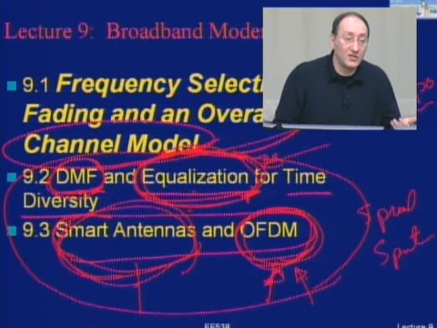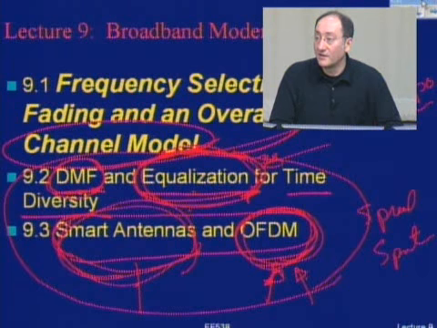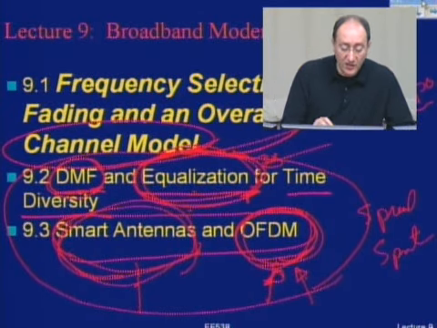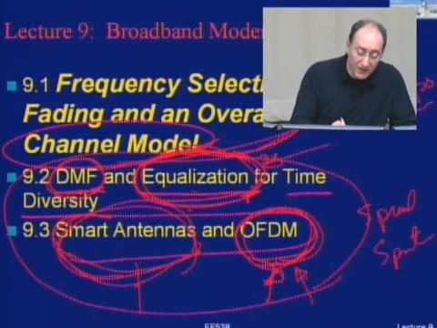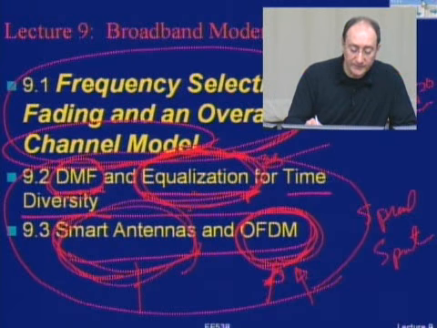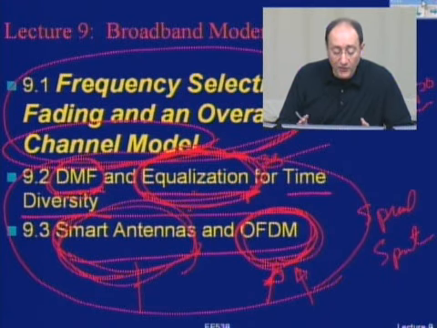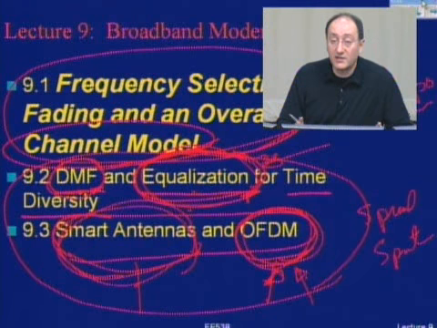Or diversity which comes from coding. But anyways, let me just start this lecture first with frequency selective fading and introduce you an overall channel model in frequency selective fading.